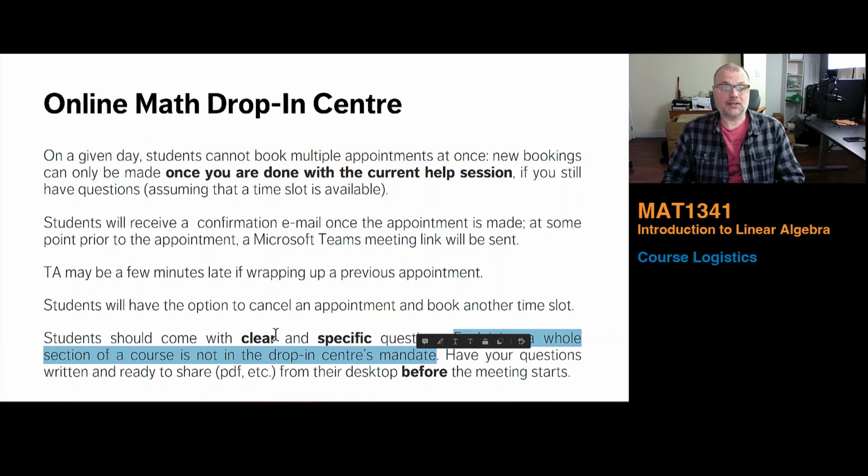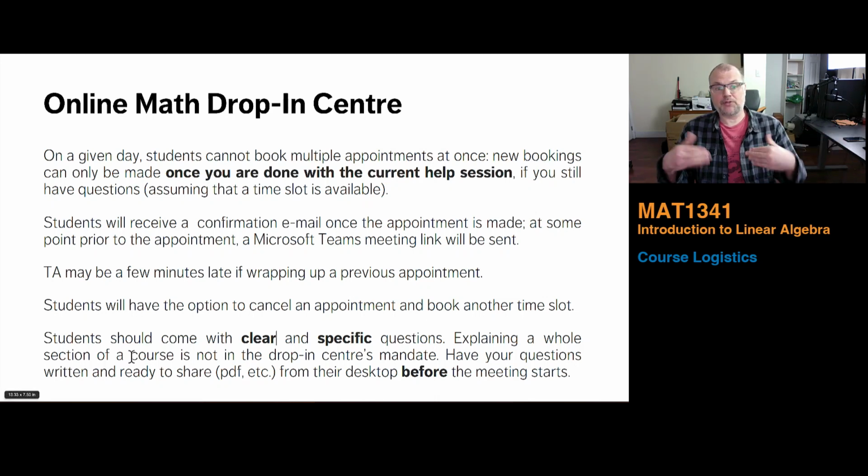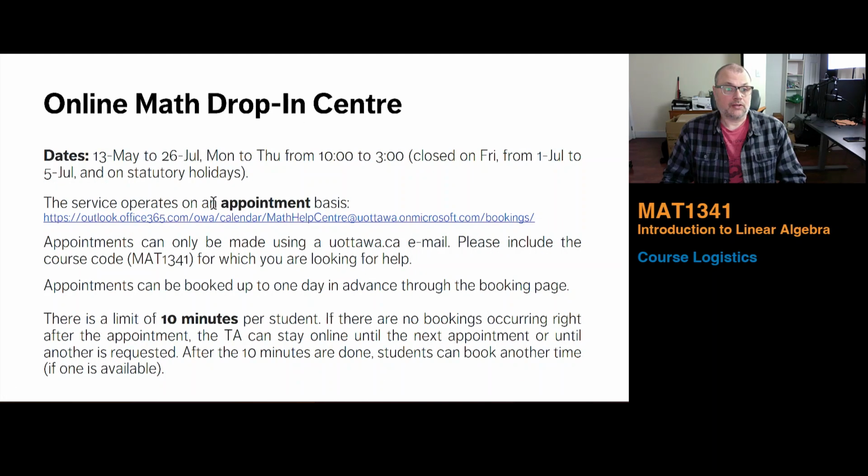You need to come to them with specific questions, clear questions, an example of something you do not understand. They also ask you to have your questions written, typed up, ready to share before the meeting starts because they don't have very long slots. So get the schedule, this is how you make appointments, tell them what course it's for, and so on.